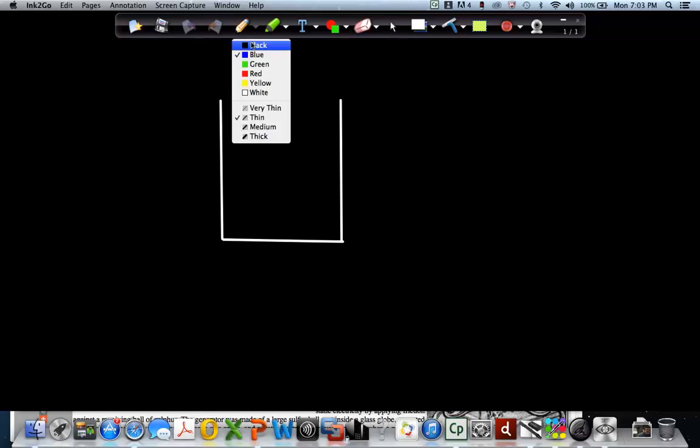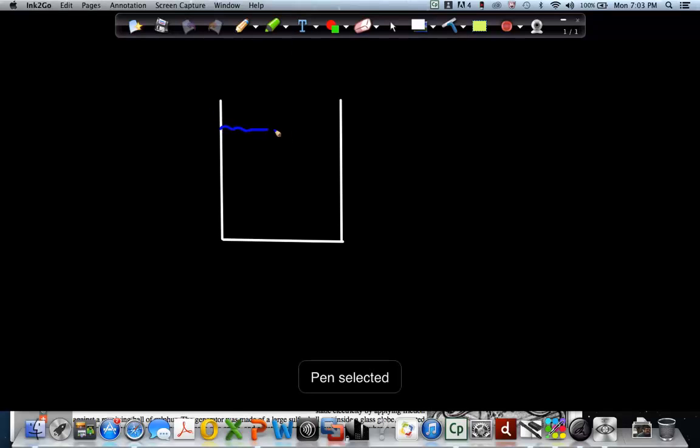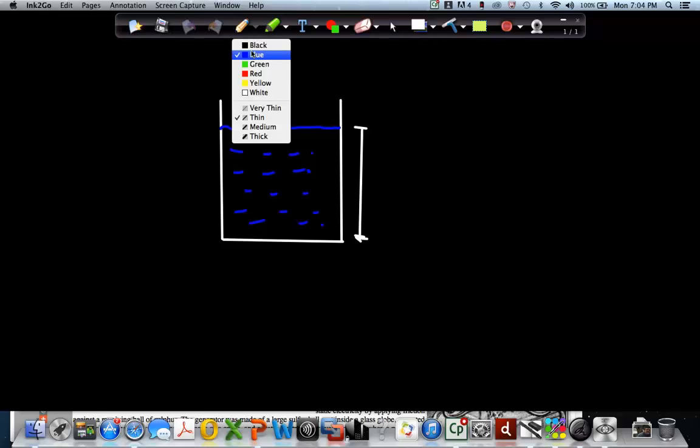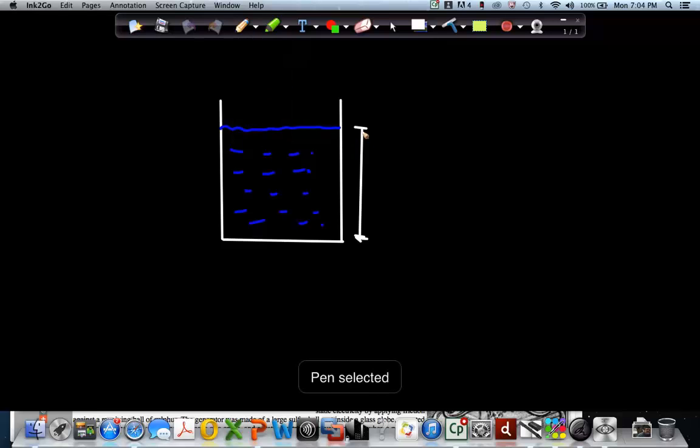Okay, so it has got water inside it, and the height of the water is 10 meters. It's a big water tank, and inside the water tank there is water at a height of 10 meters.